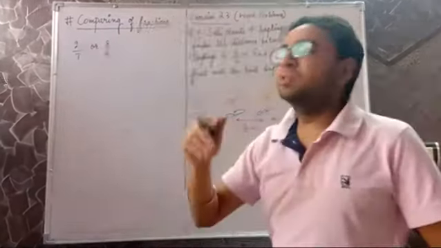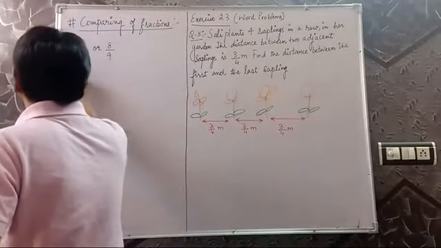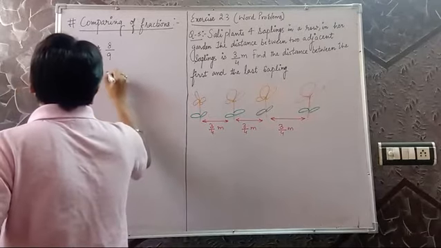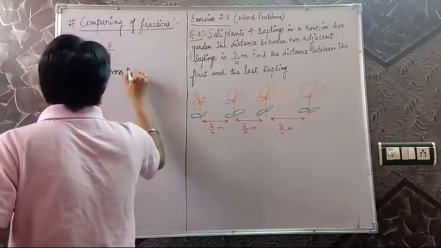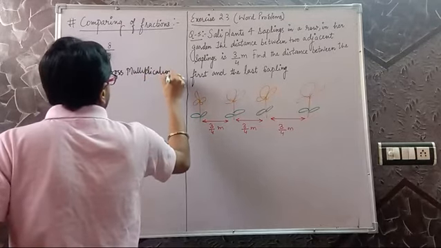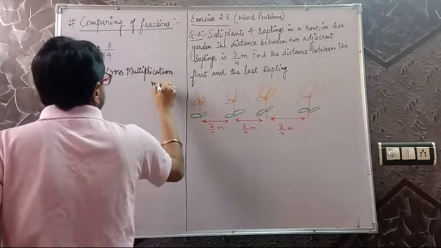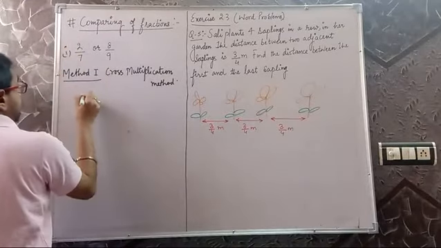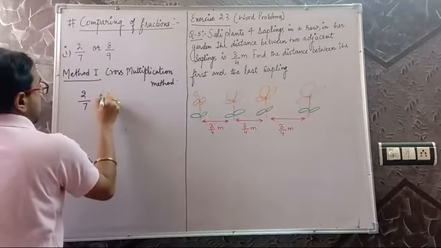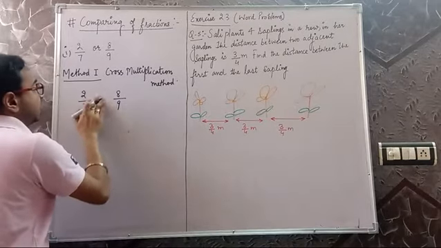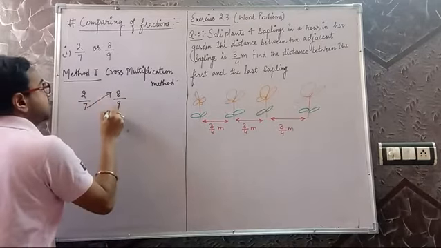There are two basic methods which I purposely use for comparing fractions. One method is the cross multiplication method. For example, I have taken 2 by 7 and 8 by 9. What you have to do is cross multiply them.